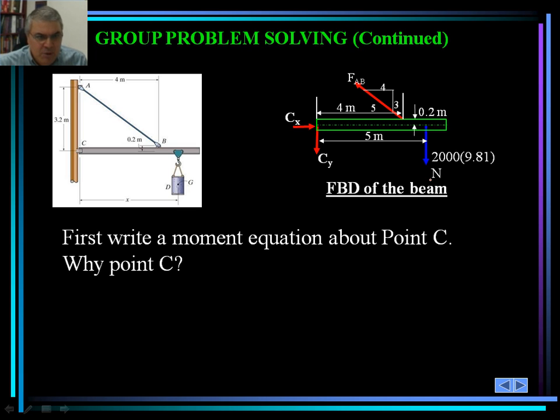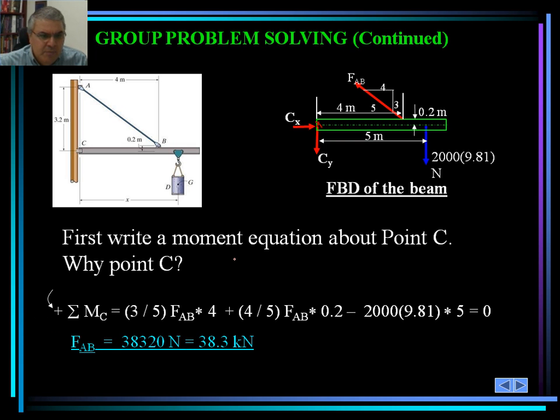Then we would first write a moment equation about point C, and that seems to be simpler. Right away, it would eliminate two of the unknowns, C sub X and C sub Y. So we would take the moment about the point C first, okay? So as a result, as you can see, we are going to pretty much solve it for that.